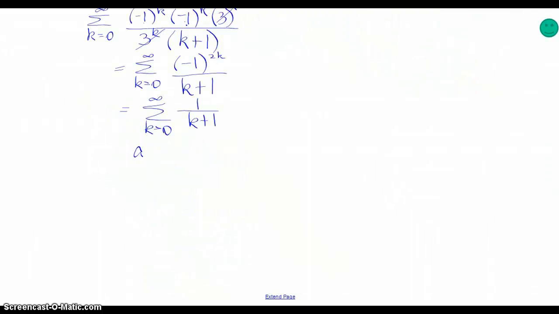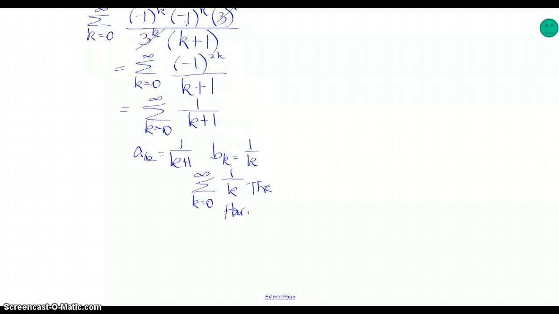So if I call a sub k 1 over k plus 1 and b sub k 1 over k, then at k equals 0 to infinity, 1 over k is the harmonic series. And that diverges.